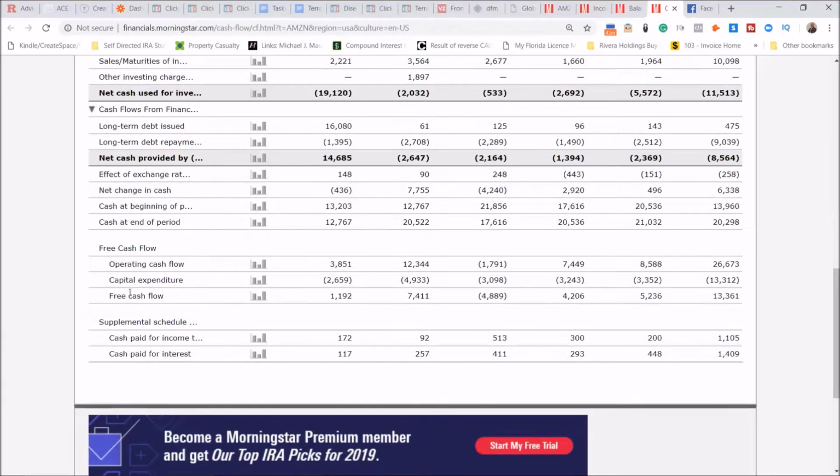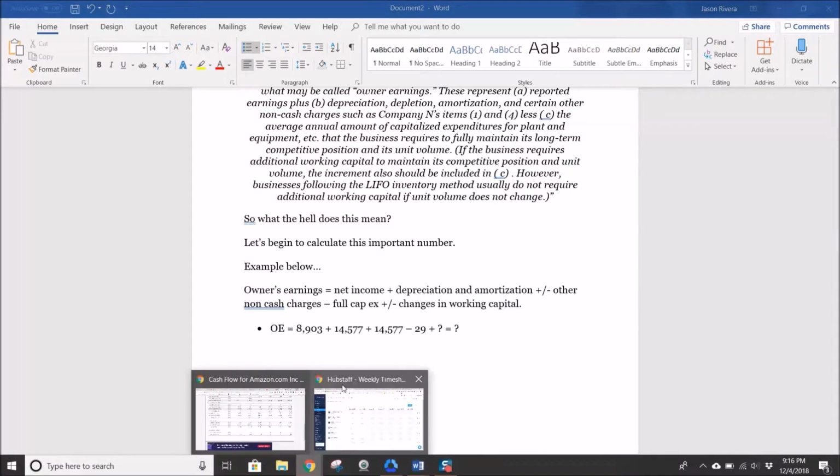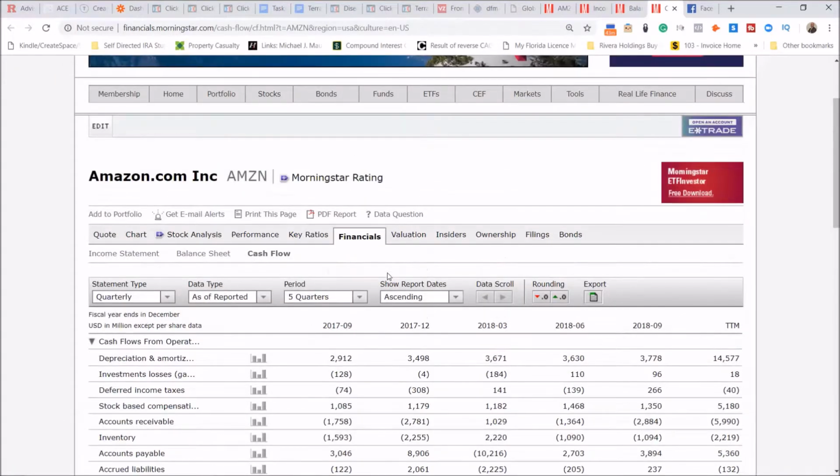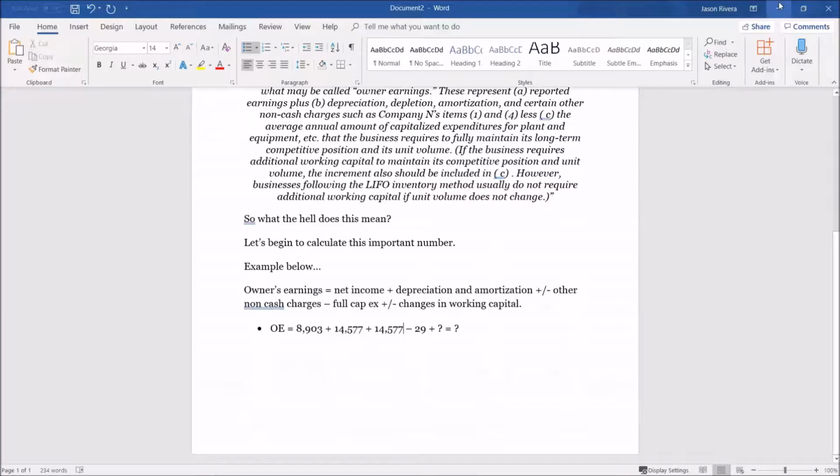Okay, CapEx is down here, minus 13,312. Oops, what happened here? Put the wrong place. 14,577 was depreciation amortization. Oh, that was 14,577. 9161.